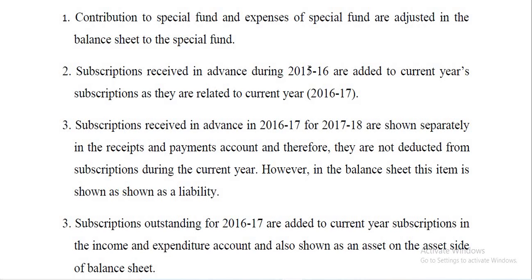Subscription received in advance during 15-16 are added to current year subscriptions as they are related to current year. This year's income received last year. So it is the income of current year, therefore it is added to subscriptions of current year.